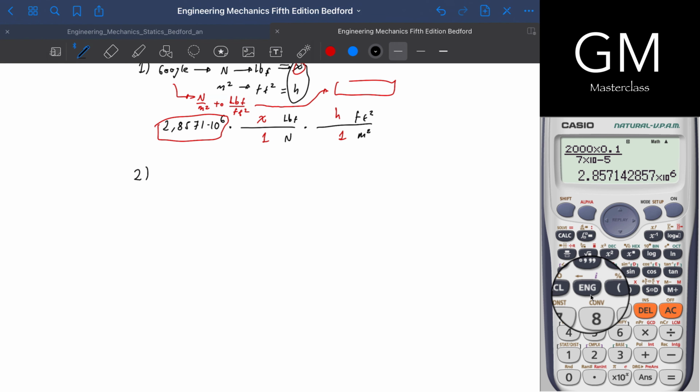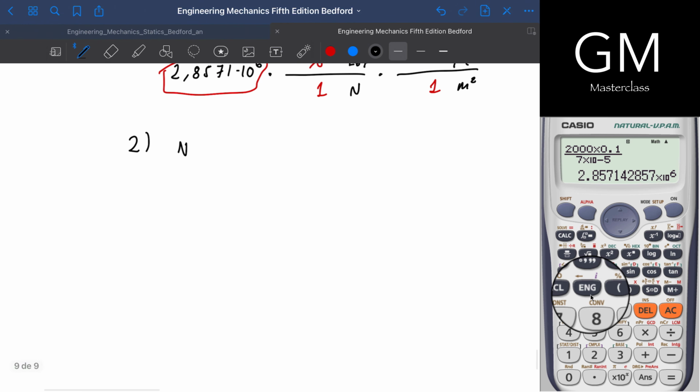So, as I just said, I'm going to describe the newtons in a different type of units, which are more easier.